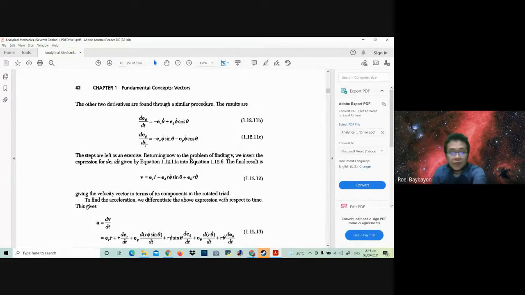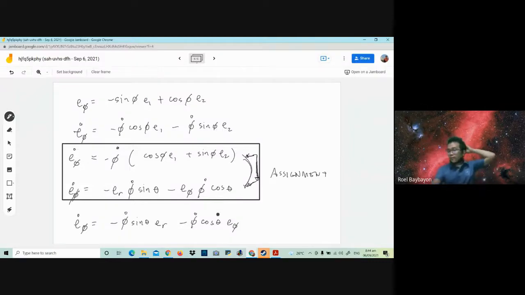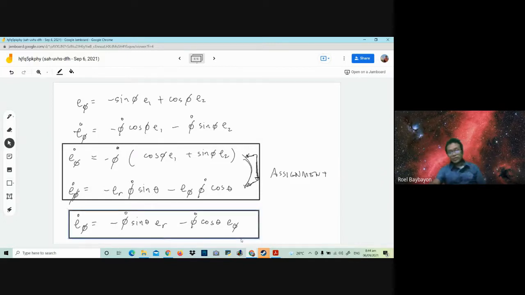Okay, the E phi dot, it is this one, no? So we have ER sin theta, phi sin theta ER then E phi. So that is correct. It's E phi, E phi dot. Okay, so it's correct. So E phi dot is equal to this expression here.